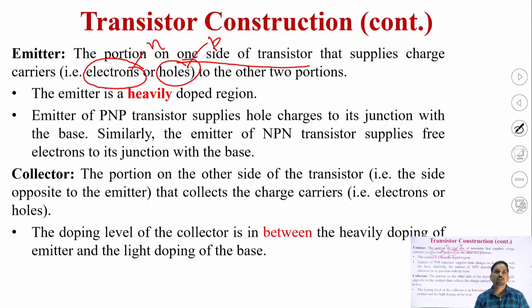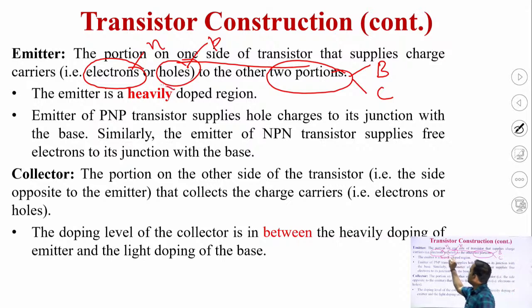So the emitter basically supplies the majority charge carriers to the other two portions of the transistor, the base and the collector side. If the emitter has to supply charge carriers to the other parts, then the doping of the emitter has to be heavy, meaning the emitter is heavily doped.